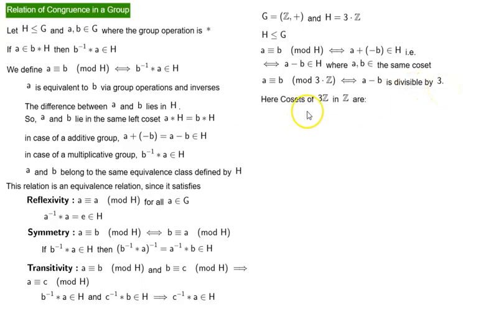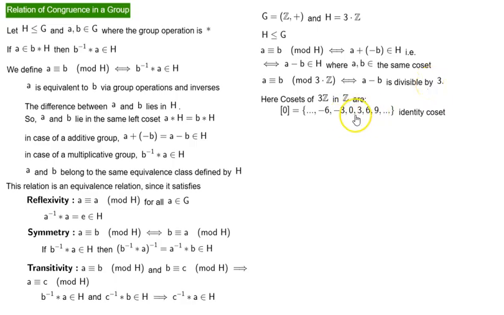So let's figure out the cosets of 3Z in Z. We have dot dot dot, minus 6, minus 3, 0, 3, 6, 9, dot dot dot. And here, if you subtract any two of these elements, say 9 minus minus 6, that is 9 plus 6, 15, it is divisible by 3.